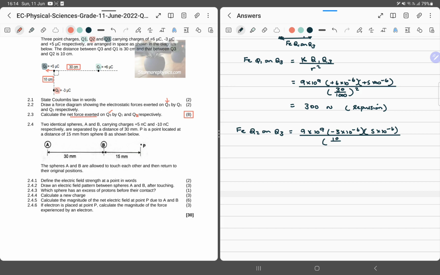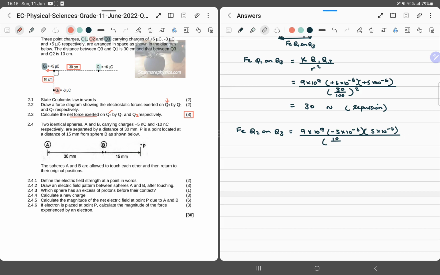Oh yeah, I made a mistake. To convert centimeters to meters, you divide by 100. Sorry guys. So this is obviously going to be 30, right? Let's just check.